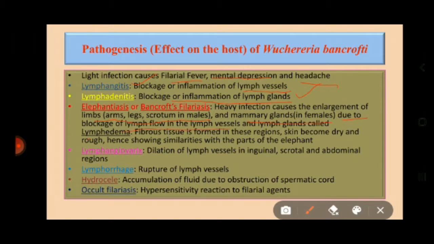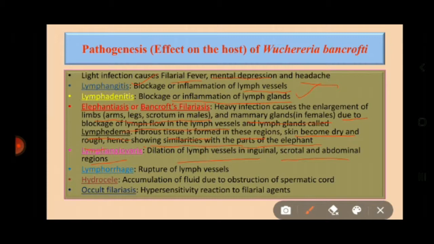This condition is called lymphedema, in which fibrous tissue is formed in these regions and the skin becomes dry and rough and loses all sweat glands, hence showing similarities with the skin of the elephant. The same symptoms can appear in the human body. And dilation of lymph vessels in inguinal, scrotal and abdominal regions also takes place.